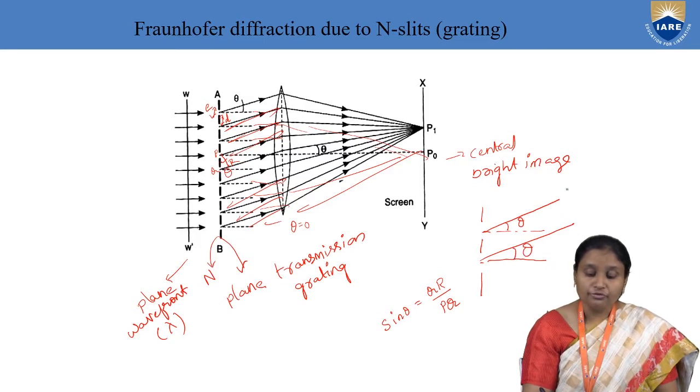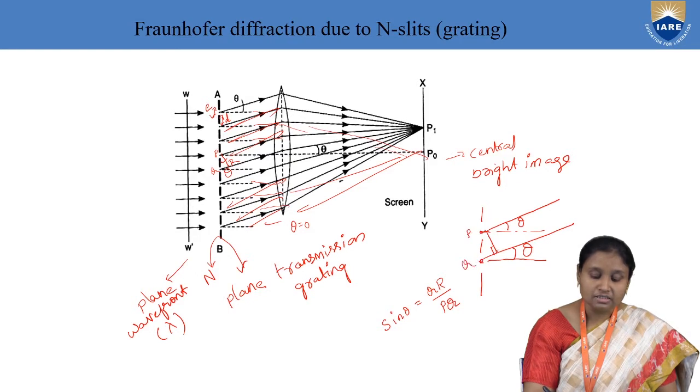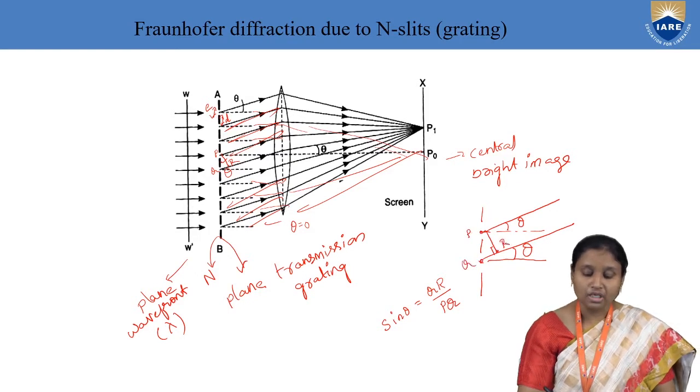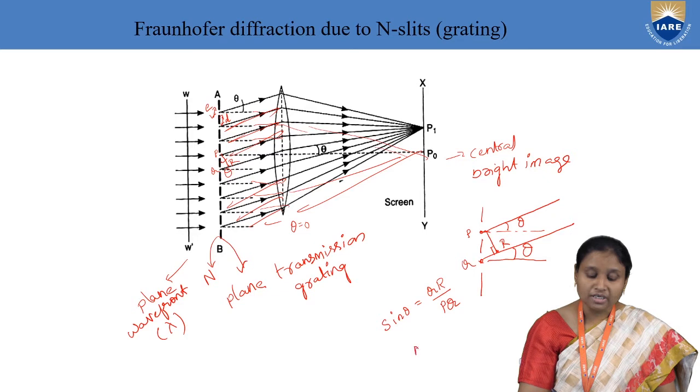Now, in order to find the path difference between these two waves, I have drawn one normal like this. This point is P, this point is Q, and this point is R. Now QR is nothing but the path difference. It is given as PQ sine theta. But what is PQ?